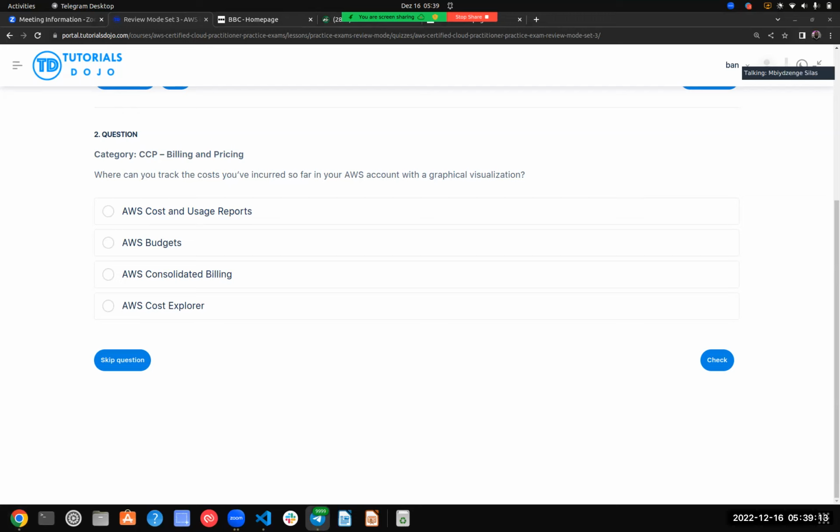AWS Cost Explorer. Okay. So cost you incurred so far, from that, Cost Explorer is supported. So let's check and see then.